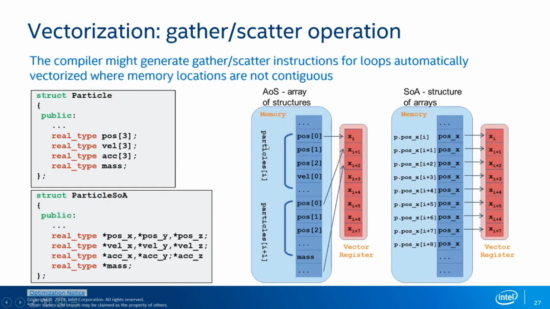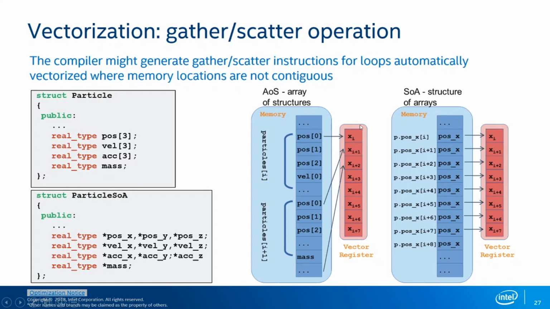So every time we iterate through all the particles, we get a portion that we can load sequentially, but we have to do a gather access every time we need to get to the next particle. So we get the strided access required in order to fill a vector register.